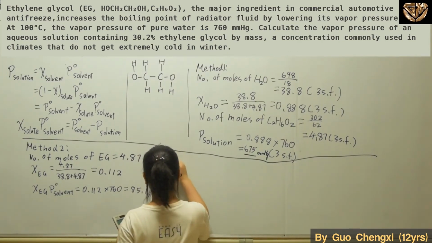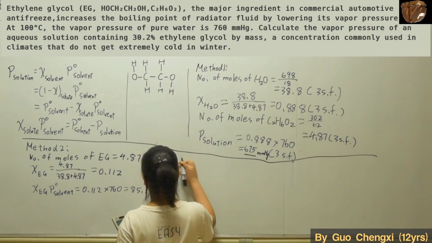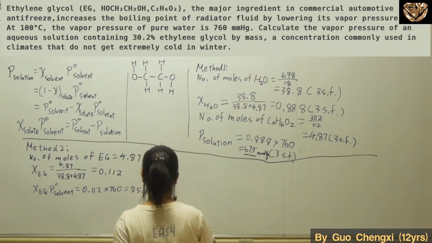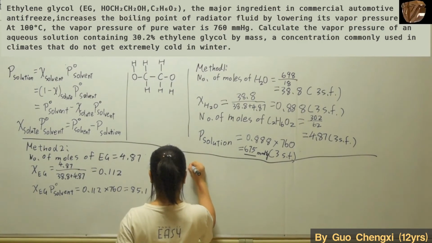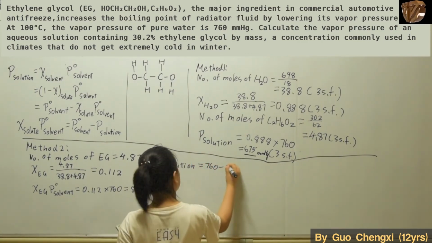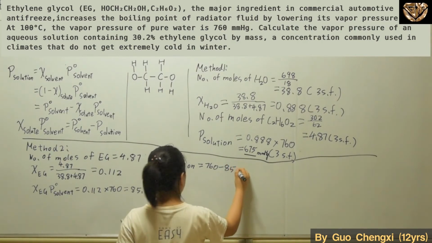And now we're going to take the pressure of the pure solvent minus this part, which will get the pressure of the solution, which is 760 minus 85.1.